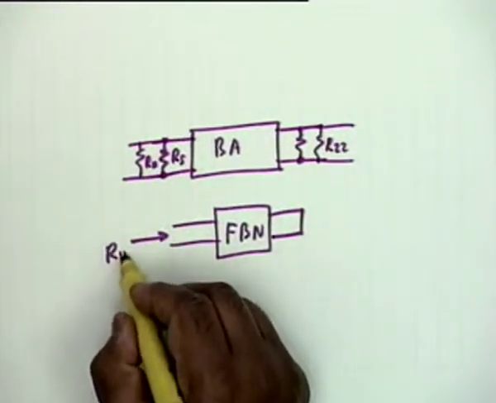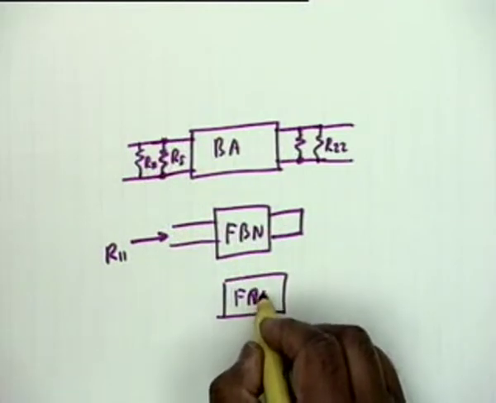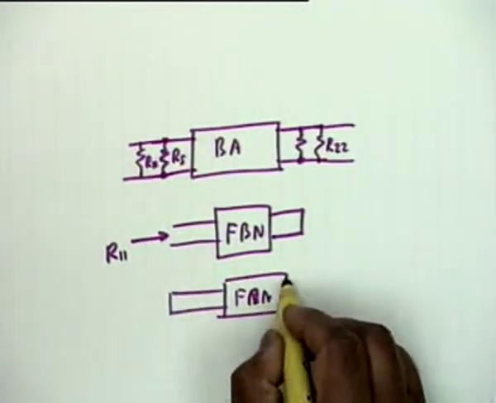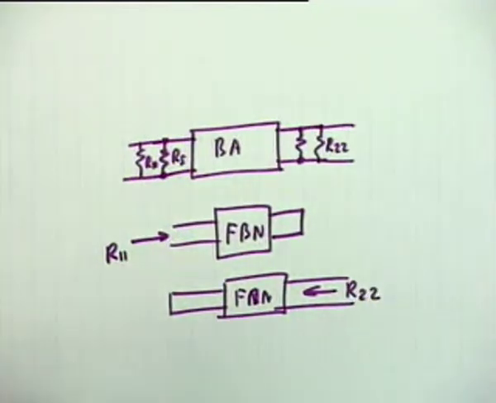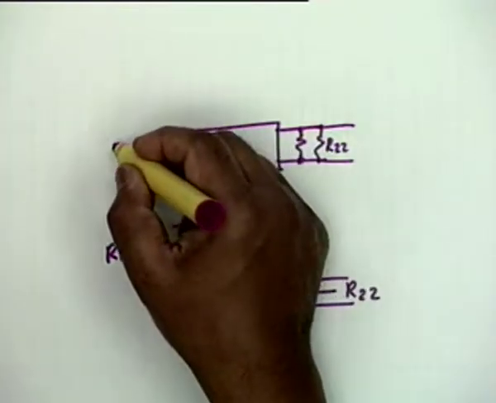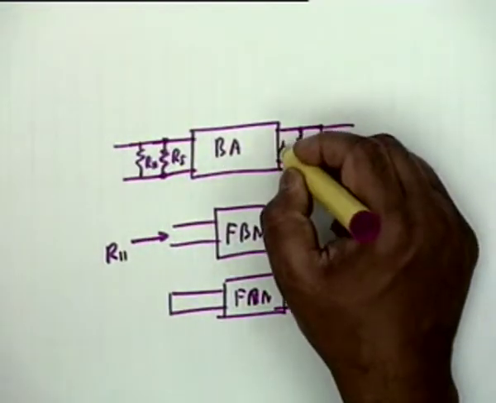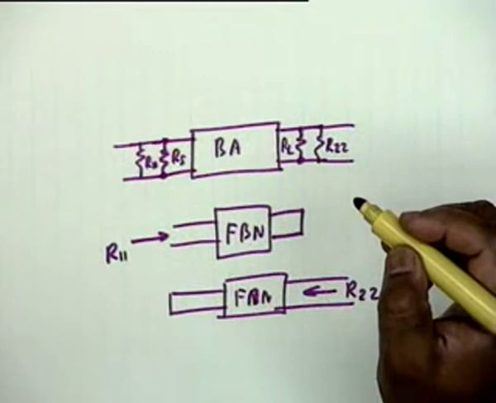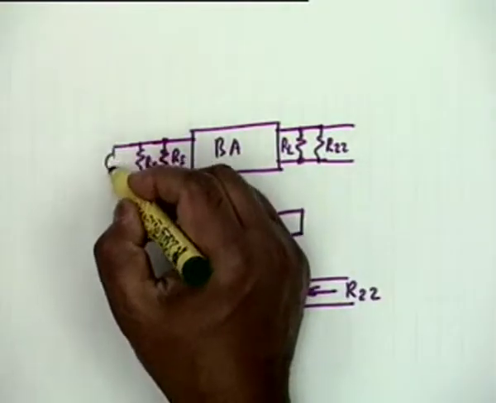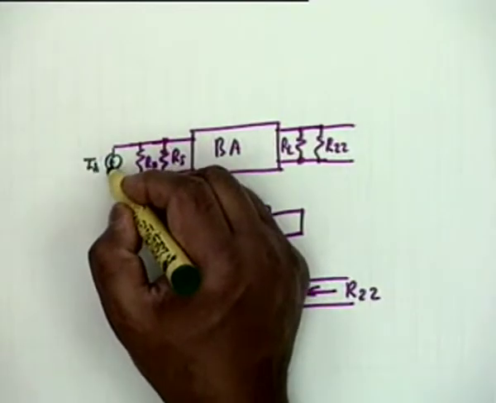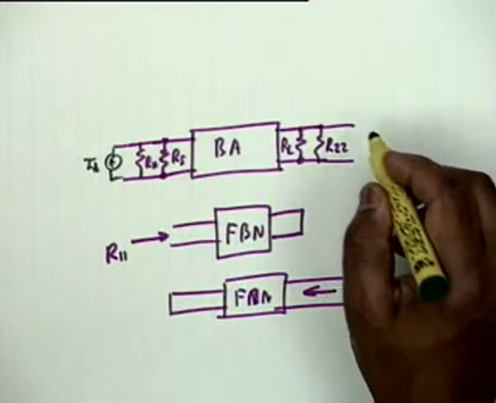This is R11, and R22 shall be measured with the port 1 shorted and impedance looking here. Fine. That's the first thing. In the A circuit I don't need anything else. That's all the A circuit is. So I drive it by a current source, and what do I do with the output?